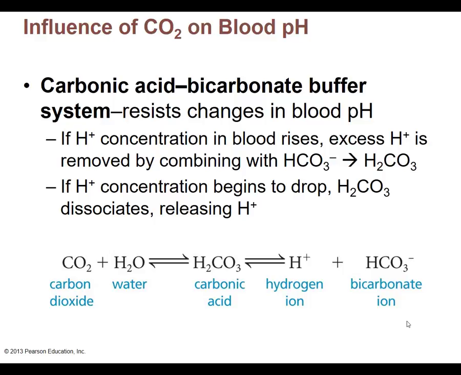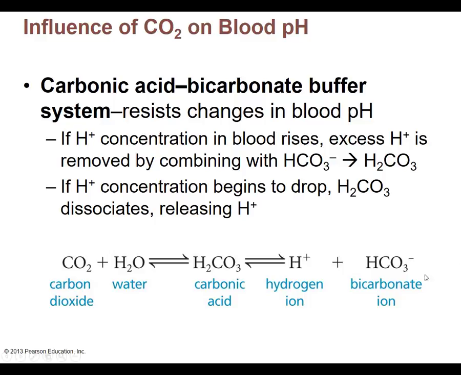For example, if we start to have excessive amounts of carbon dioxide, it will mix with water, make carbonic acid, and eventually release hydrogen ions. Lots of hydrogen ions means it's acidic, it has a low pH. We don't want acidic blood, so we need to get rid of the hydrogen ions.